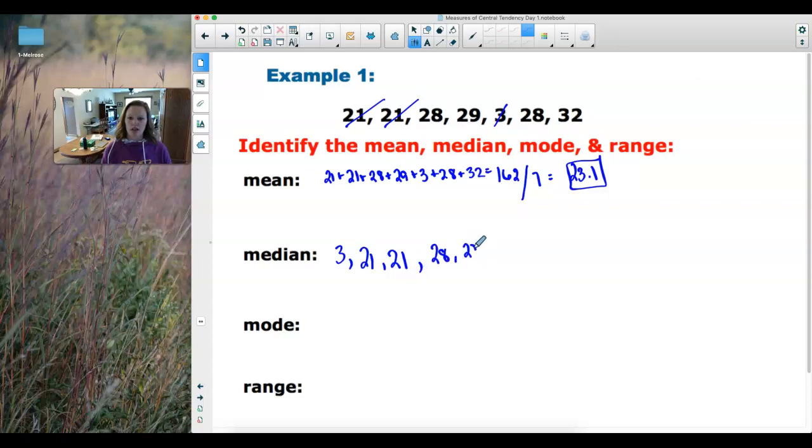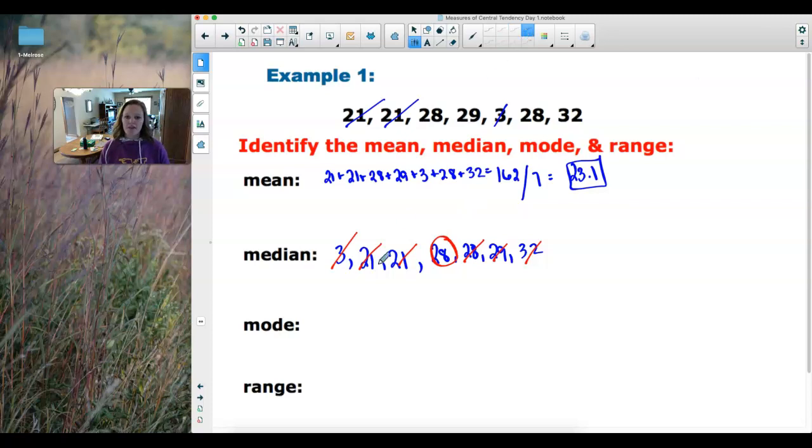Oh, sorry, two 28s, 28, 28, 29, and 32. Then to find the median, we have to work our way to the middle number in this set of data. So I'm going to cross off a low number, cross off a high number. Cross off a low, cross off a high. Low, high, and we see that 28 is right in the middle, so 28 is the median.